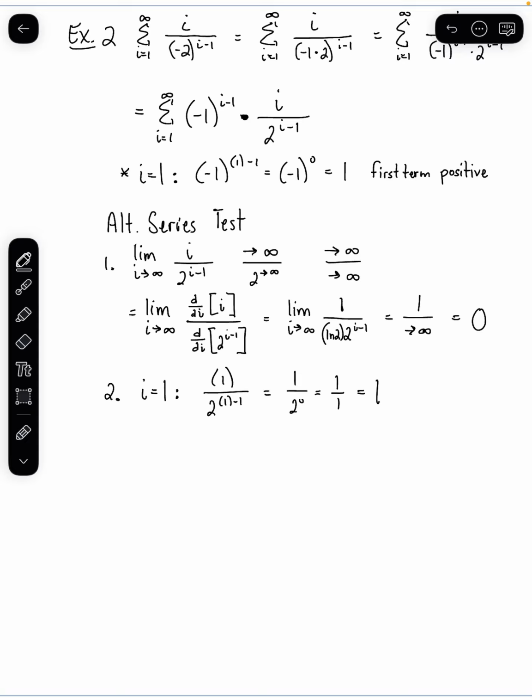What we should note then is that for all subsequent values of I, we're going to reach a point where the numerator falls far behind what the denominator does.